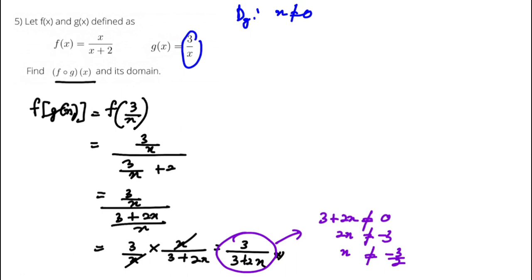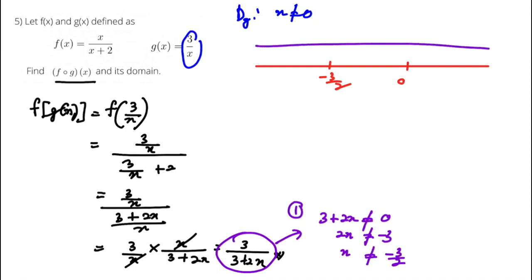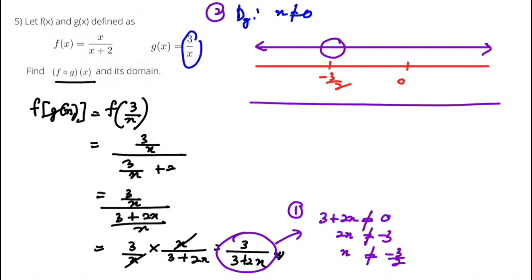Otherwise, if you still want to sketch your line graph, it will look like this. We have negative 3 over 2 and the value of 0. For the first domain, x cannot be negative 3 over 2. So this is how the graph looks: all real numbers except negative 3 over 2. And for the second domain, which is the domain of the inner function, x can be all real numbers except 0.